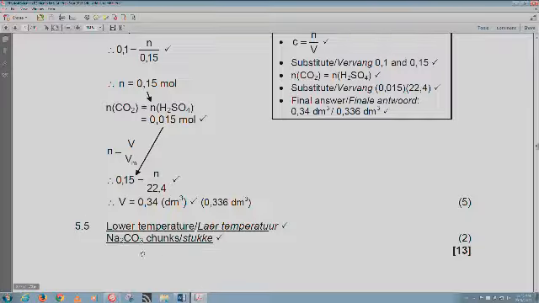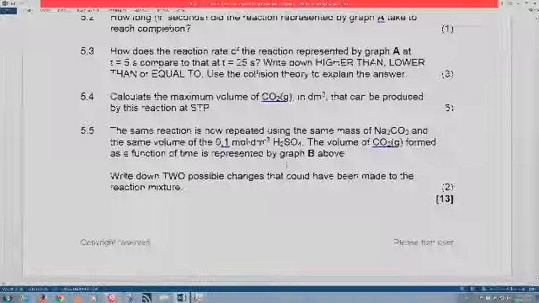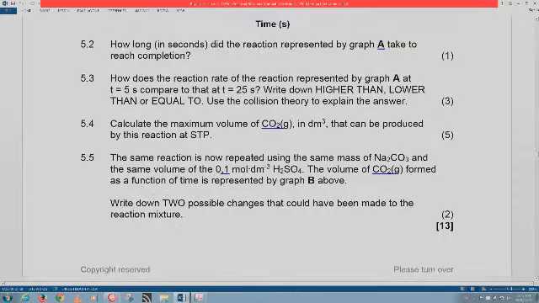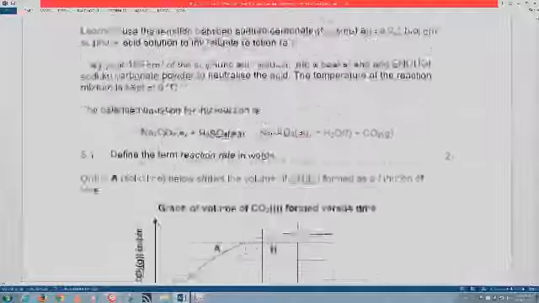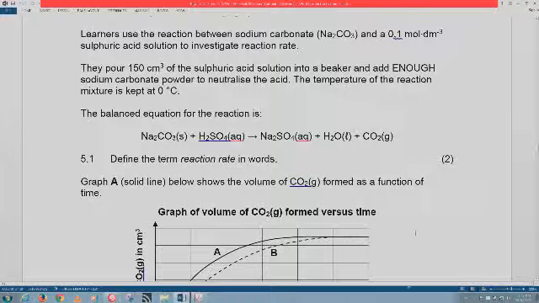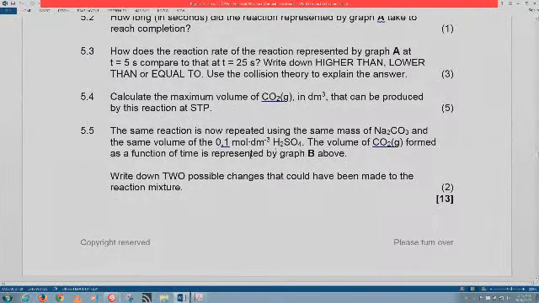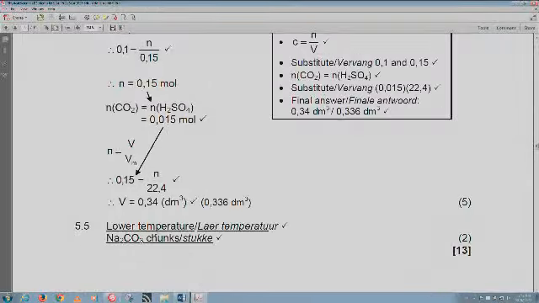Now, colleagues, remember, the learner cannot say, for example, that the concentration of sulfuric acid was decreased, because in the question they were already told that it is 0,1 mole per cubic decimeter of sulfuric acid, which is the same as the one they used originally. So it shows that the concentration of sulfuric acid is kept constant. So those are the only 2 possible answers there.